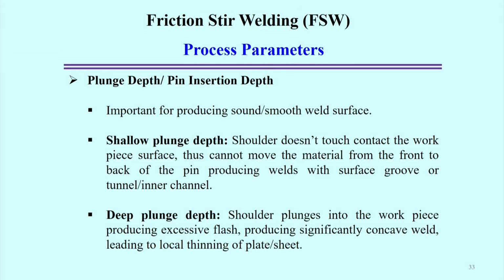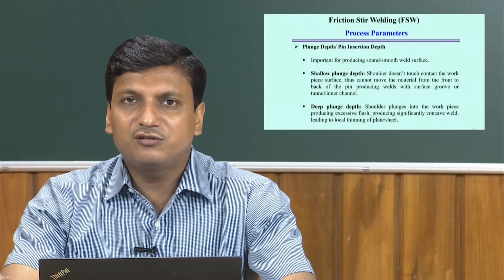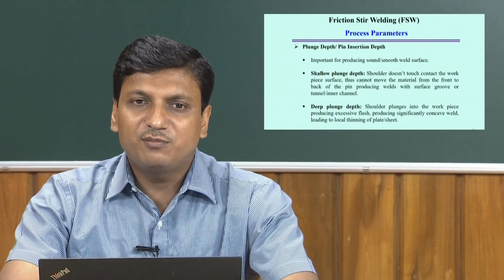So it is not advisable to use a shallow plunge depth during FSW if you want to get a successful weld joint. Rather, a deep plunge depth is more suitable for joining two materials by FSW.